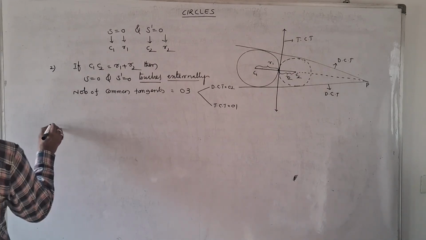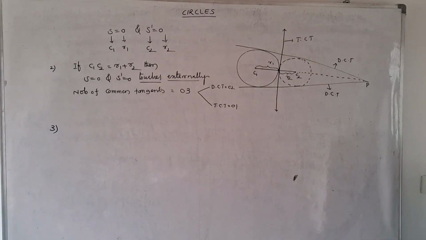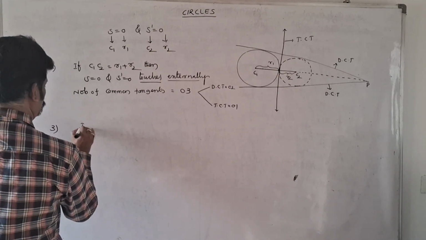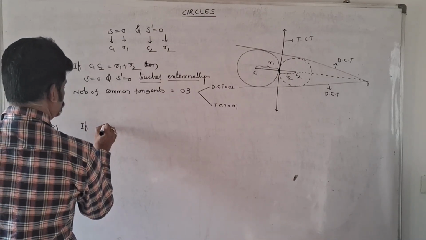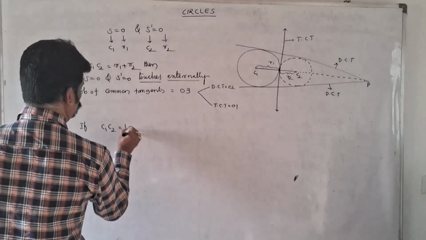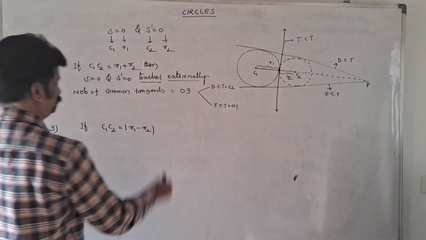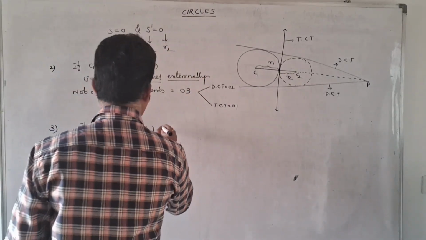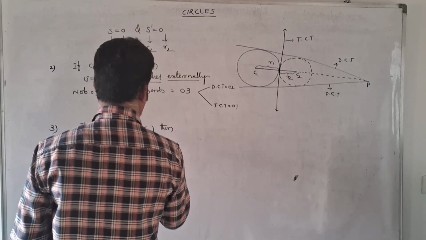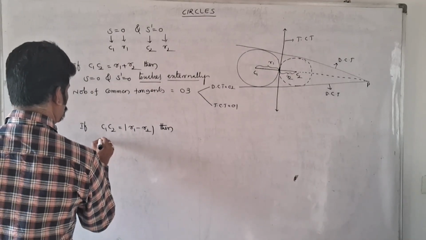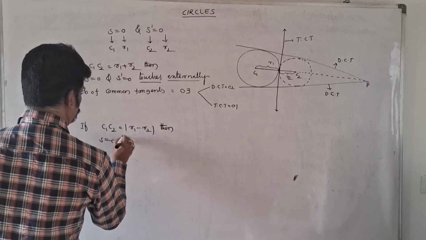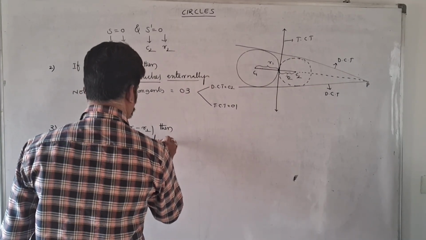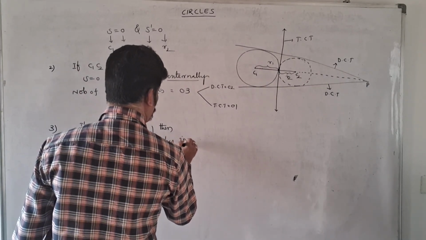Now third point. If C1C2 is equal to modulus of R1 minus R2, then the two circles S equals 0 and S' equals 0 touch internally.